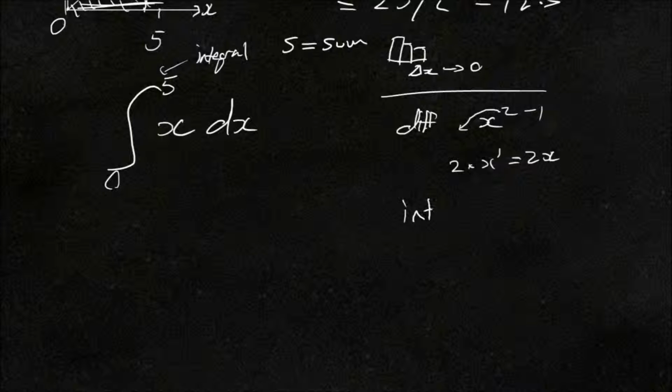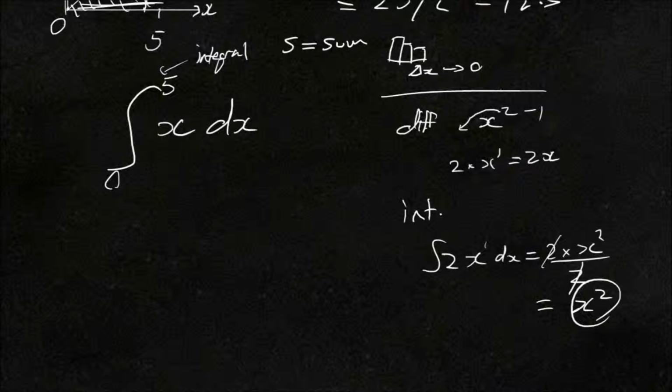But for integration, we do the opposite way. So if you started with 2x and you want to integrate that with respect to x, what you do is you add 1 to the index, so that's 2 times by x to the power of 1 plus 1, so that's 2, and divided by our new index, which is 2. So that's 2 here. 2's cancel, and you're left with x squared. So you can see that we went back to our original equation.